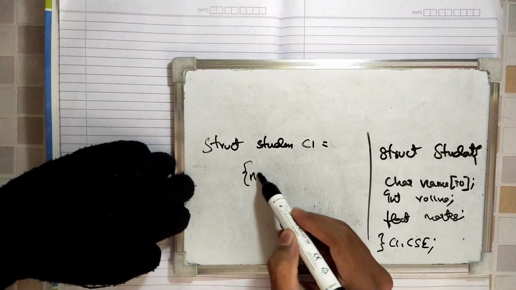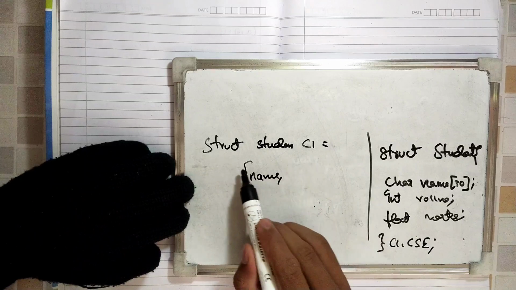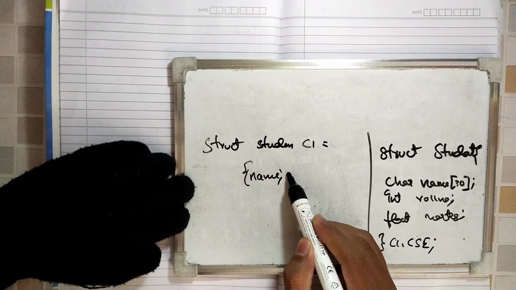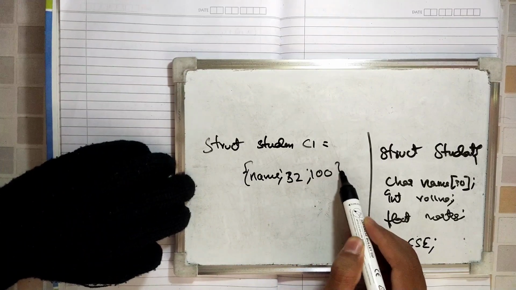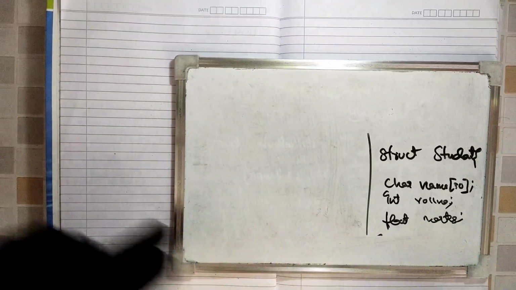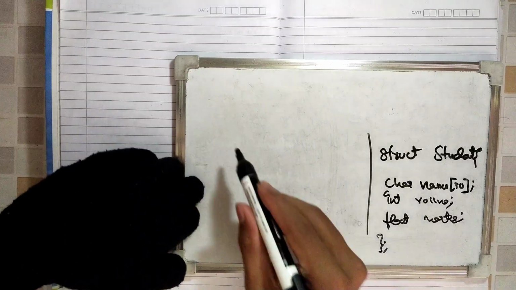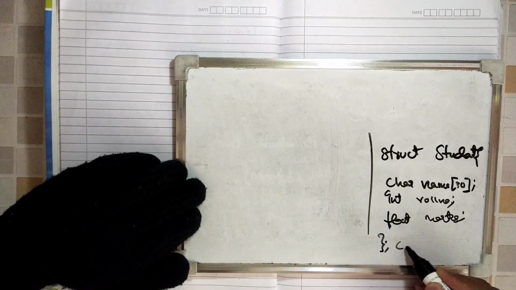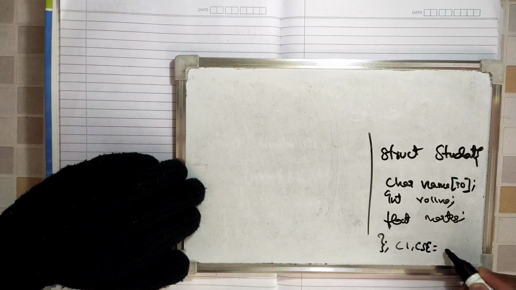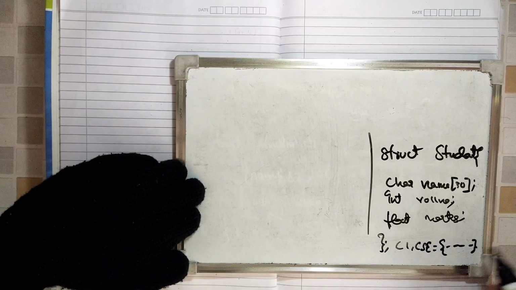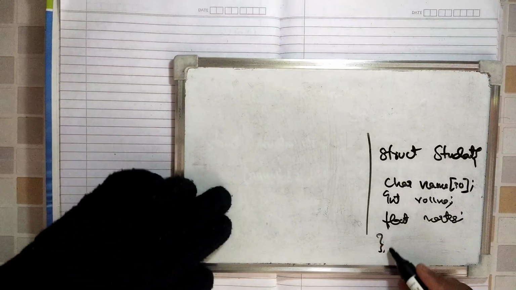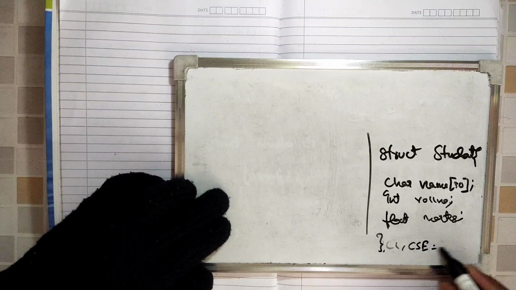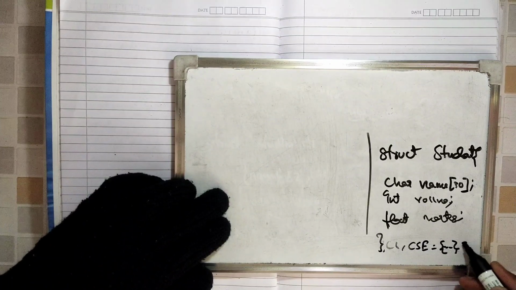Like this, structure variables can be declared. Either we can give the value here itself, like ci comma csc is equal to, and inside you put the data. This bracket won't be there, sorry.